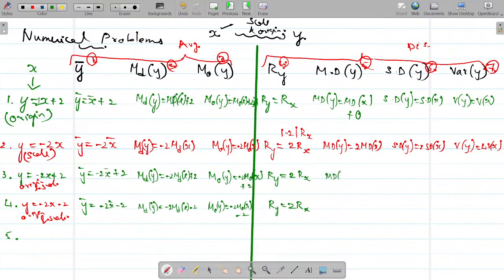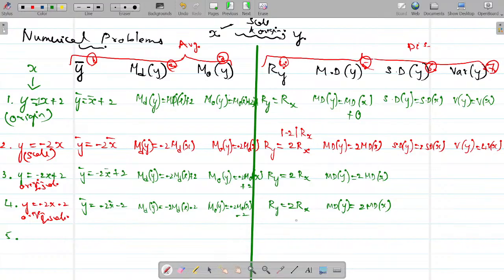Mean deviation of Y. Will get plus 2? No. Mean deviation of Y. Yes, please, John. 2. Mean deviation of X. Will get minus over there? No. Okay.